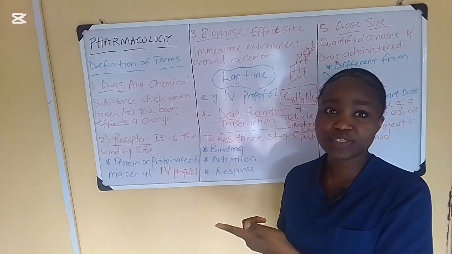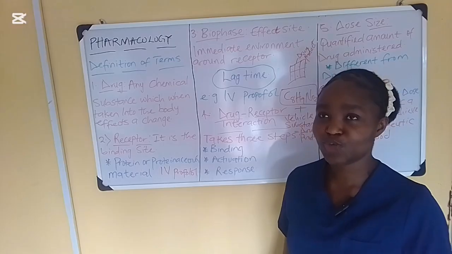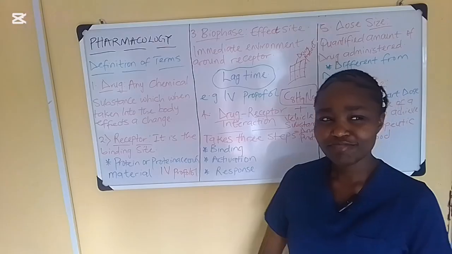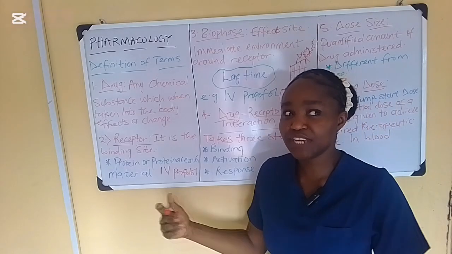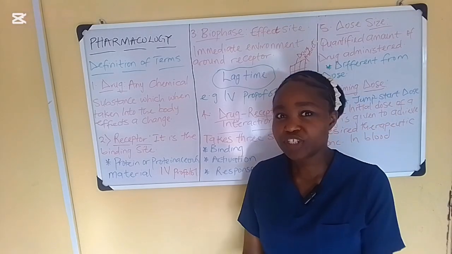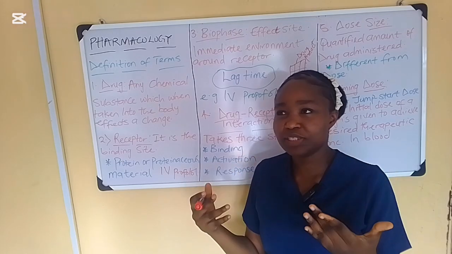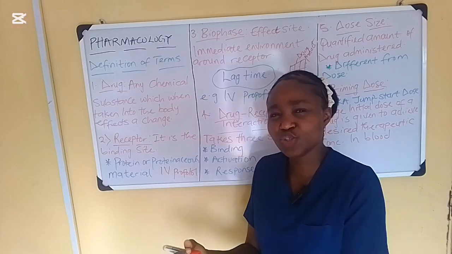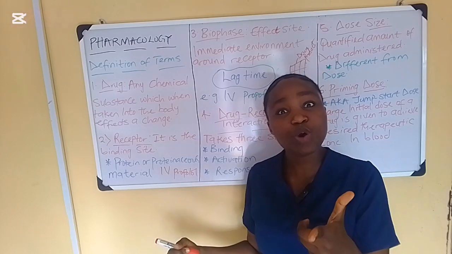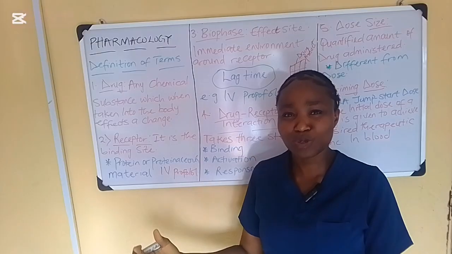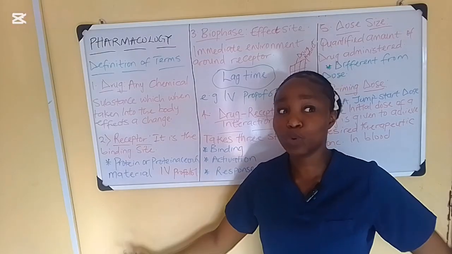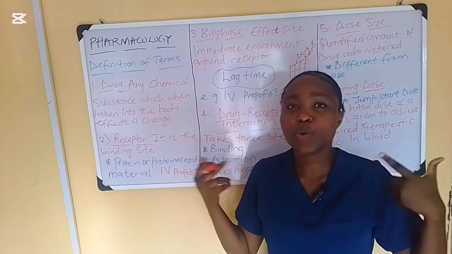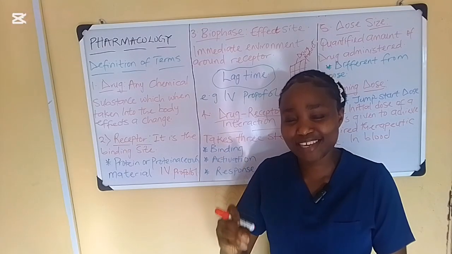Even if we use anesthesia as an example, we'll be able to recall that when a patient is given anesthesia, which is mostly given intravascularly, directly into the vein, immediately it is administered, you would notice that it's already in the bloodstream, but the patient does not lose consciousness immediately, because we already know that the anesthesia helps to lose consciousness for patients undergoing surgery. So in this case, the anesthesia is already in the blood, but it is not yet in the biophase.